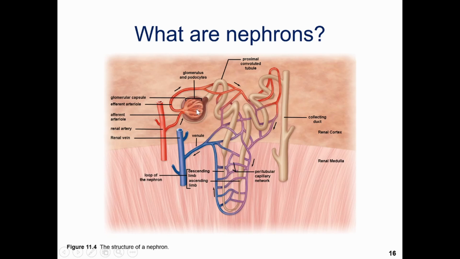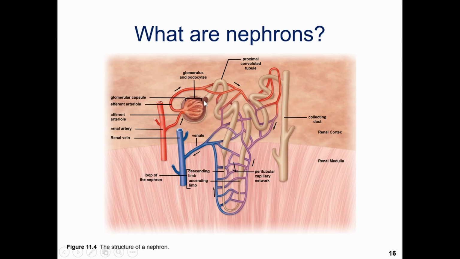We have the glomerulus, also known as the Bowman's capsule, glomerular capsule as well. That's going to be this bulbous structure here with this kind of knot of blood vessels. We have the proximal convoluted tubule.